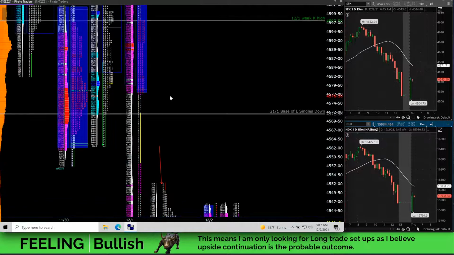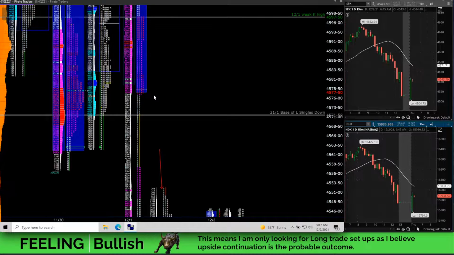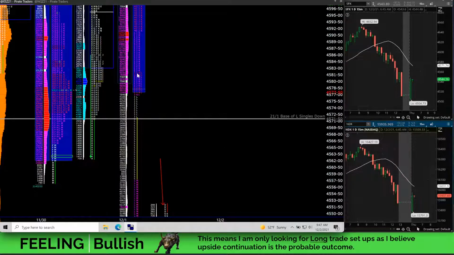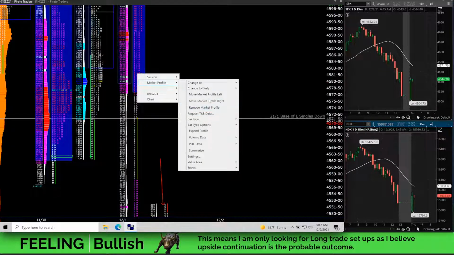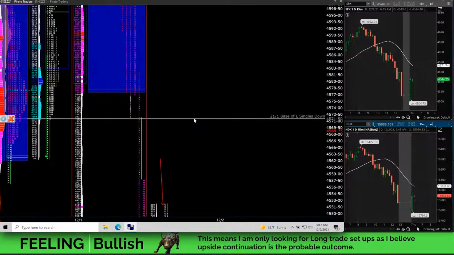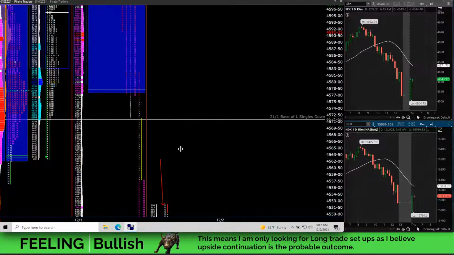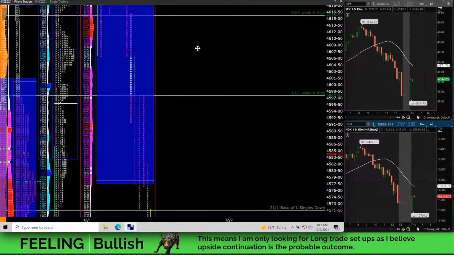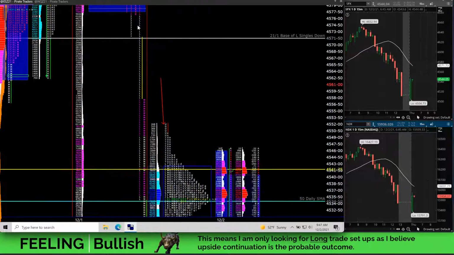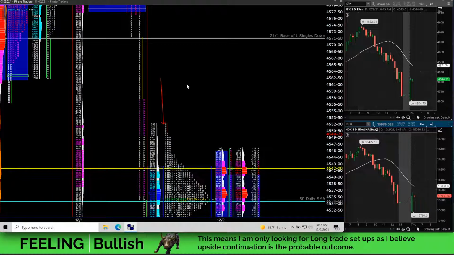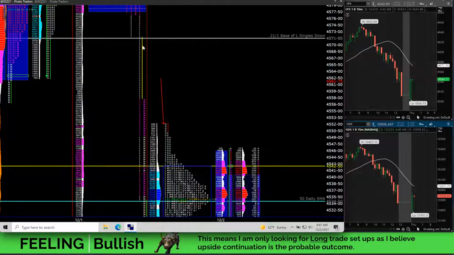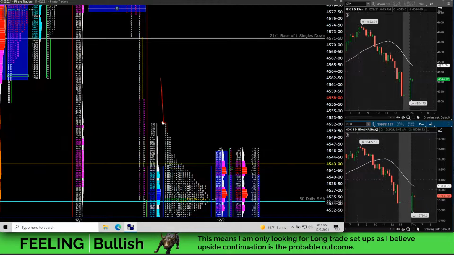So the market was just trending down, and it had created a poor low. And so the L period I just saw as further continuation of the trend, making it just regular single prints.